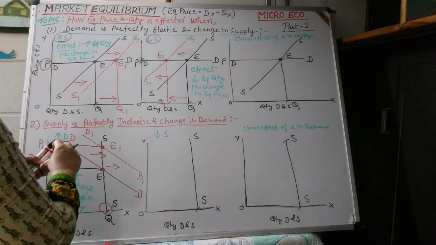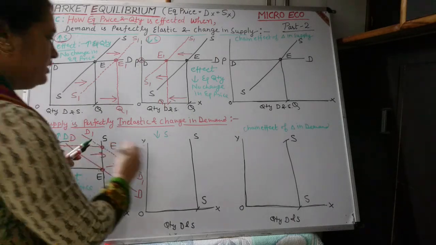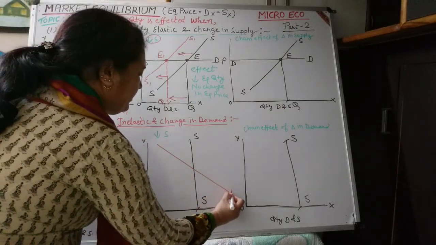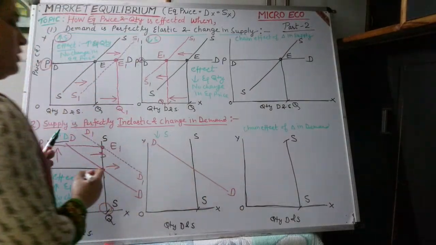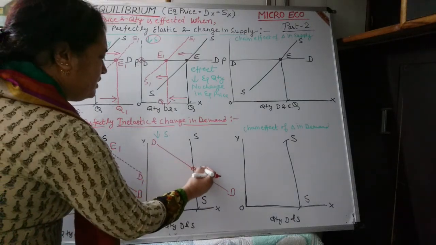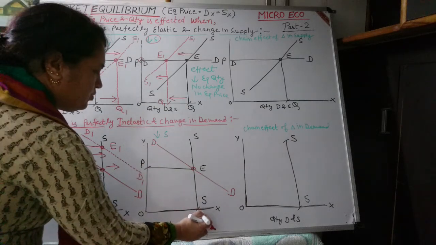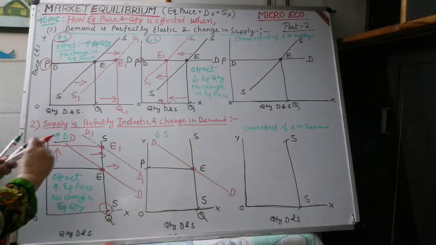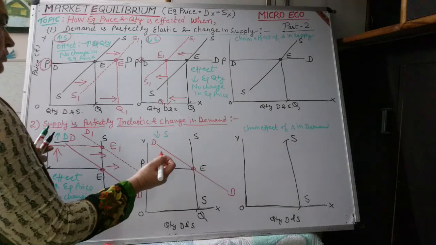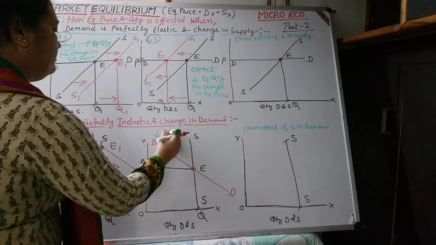In our second diagram, by nature, this is the DD demand curve which slopes left to right downward. E will be the equilibrium point, OP will be the equilibrium price, OQ will be the equilibrium quantity. Now we have to clear a decrease in demand.